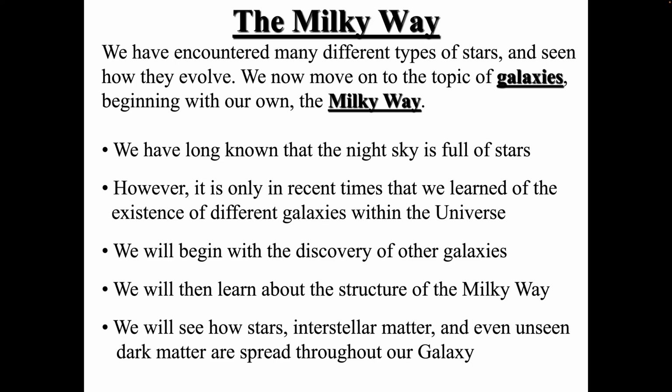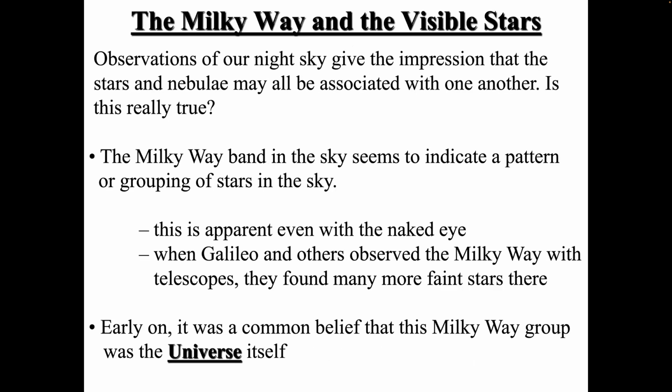And we will learn about the structure of the Milky Way and how stars, interstellar matter, and even something called unseen dark matter are spread throughout our galaxy. First, we will look at the story of the discovery of galaxies, and then at how the stars, interstellar matter, and so on are spread inside our galaxy. We have learned about interstellar matter, stars, and planets previously. Now we are going to look at how they are spread out in our galaxy.